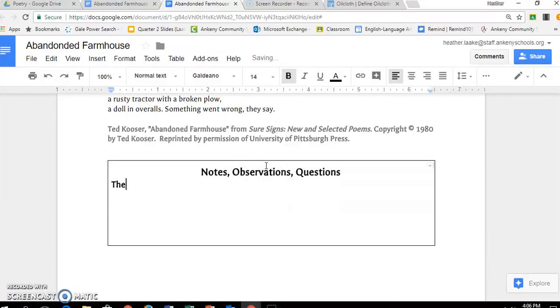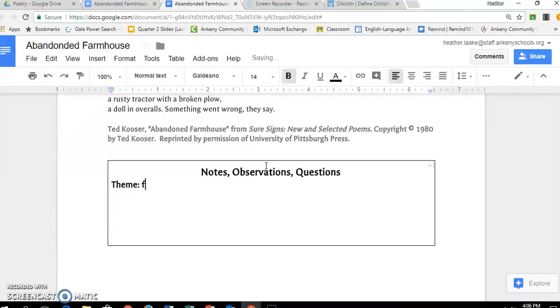Okay, so when I think about theme, or the idea the poet wants to express, this poem seems to be about feelings of failure and harsh living conditions on the farm, and those feelings of failure and harsh living conditions make the people living in this home give up and hastily abandon their house.